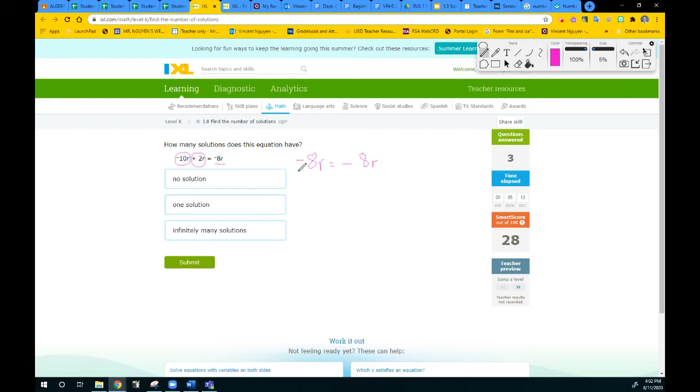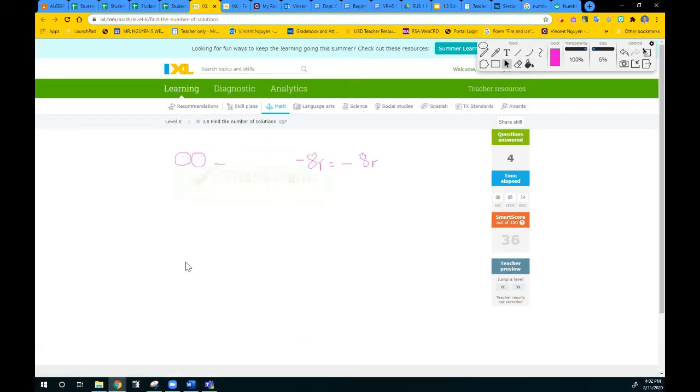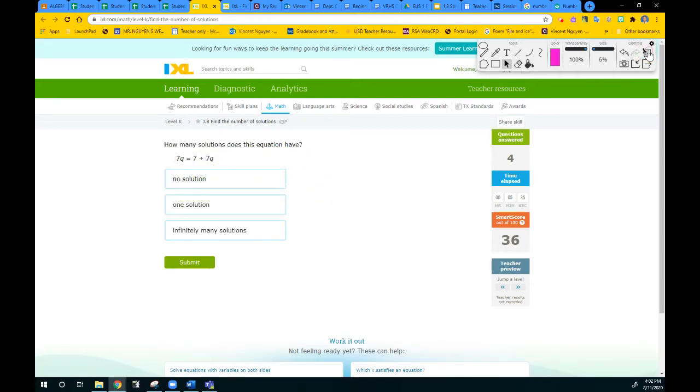So right away, we know that the left-hand side is exactly identical to the right-hand side. So if this is the case, we'll have to say it's infinitely many solutions, okay? Because it doesn't matter what value you put in here for r, it's always going to be true. So therefore, it's infinitely many solutions. Submit. I prefer the words all real numbers, but it doesn't matter.